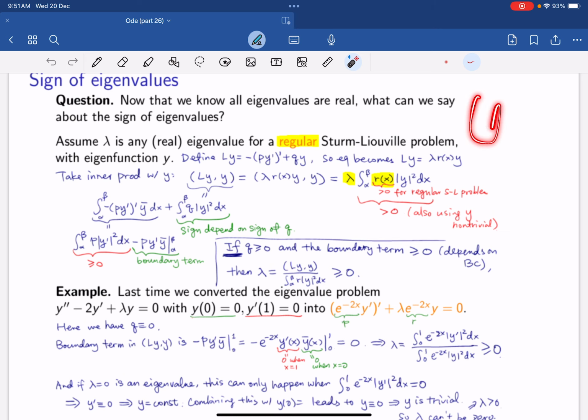You just always take the inner product with the function itself, and so this allows us to pull out the lambda, but you keep the y squared. So this whole portion again is positive.